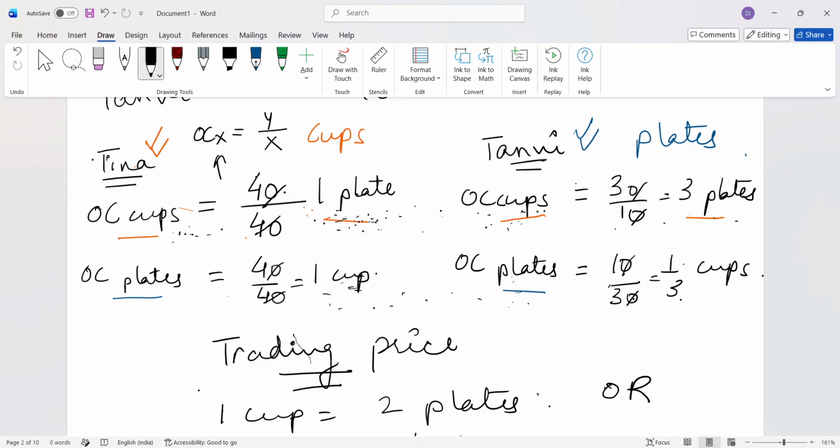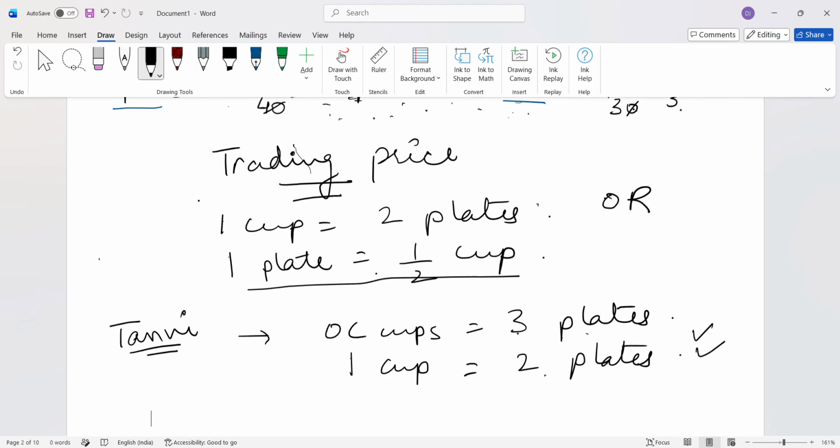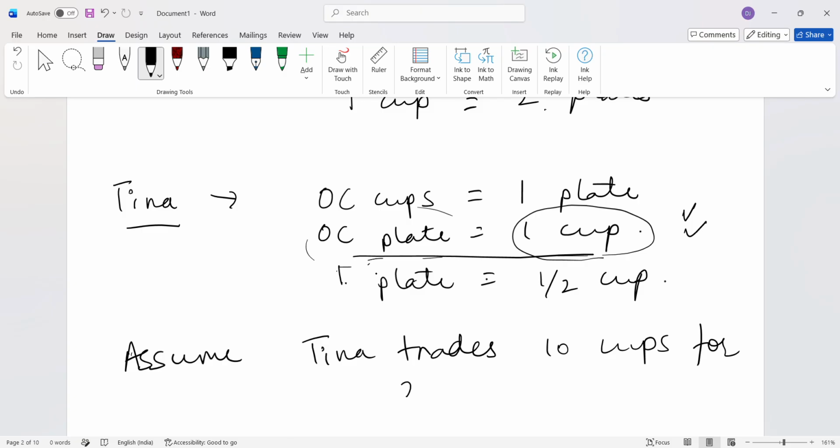Do you understand that? Okay, so now let's see what happens after trade. I'm assuming that this is the trading price, and then trade happens. Let's say Tina trades 10 cups for 20 plates.